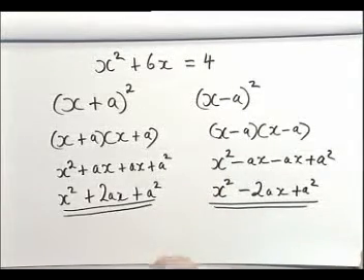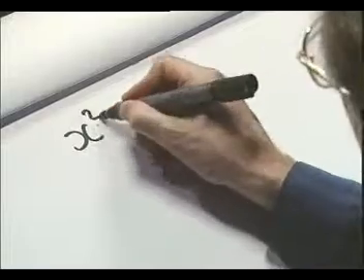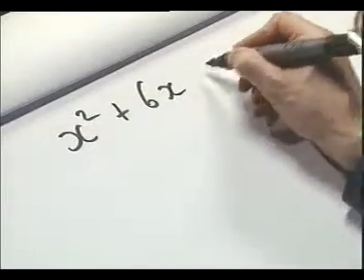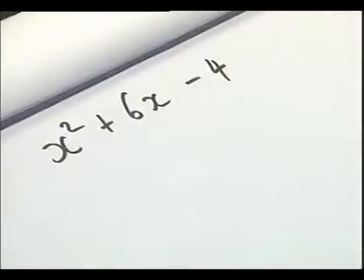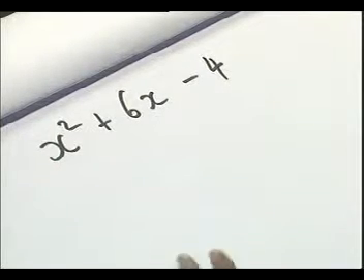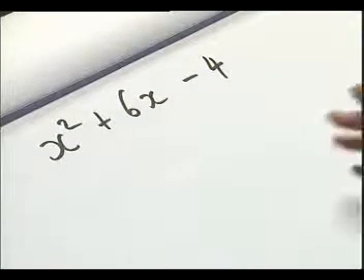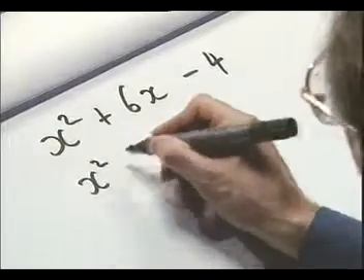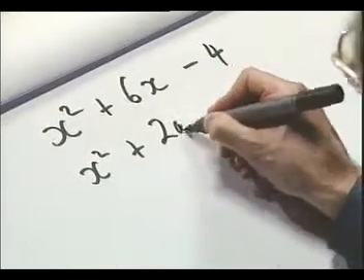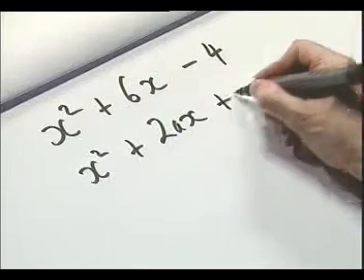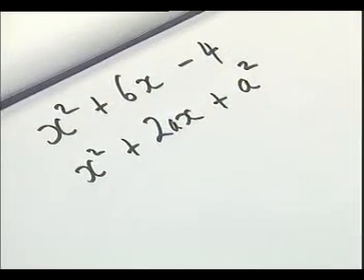What we want to concentrate on is this process of completing the square. So, I'm going to take this quadratic function, x squared plus 6x minus 4, and I'm going to compare it with the complete square, x squared plus 2ax plus a squared.